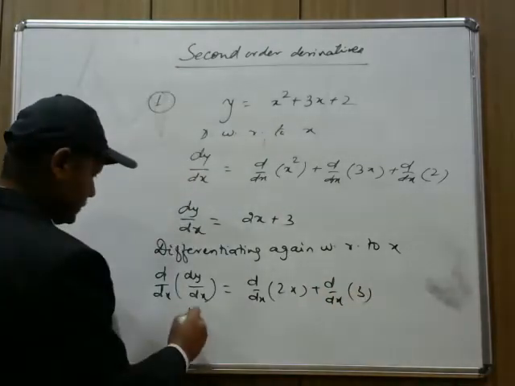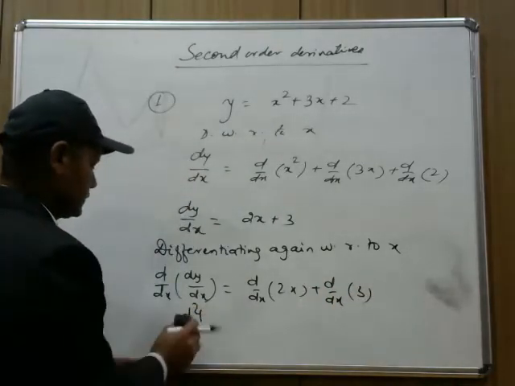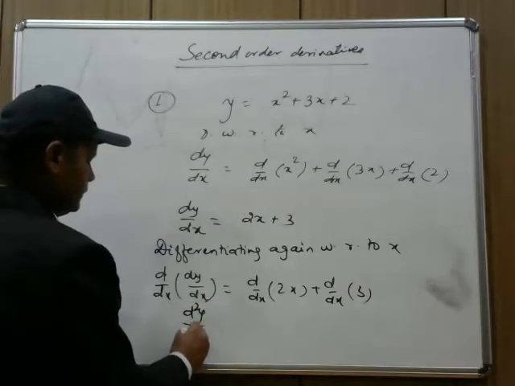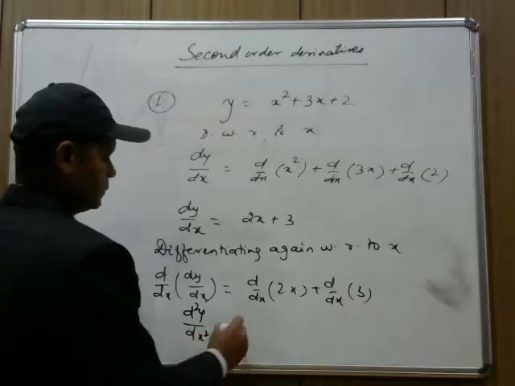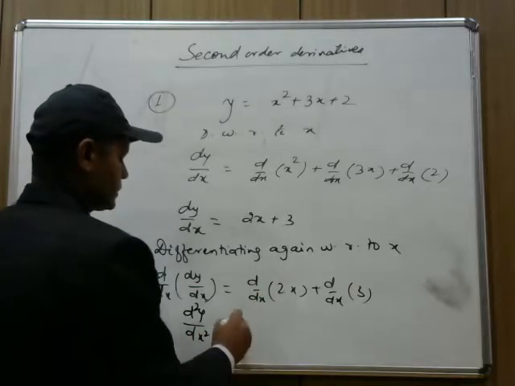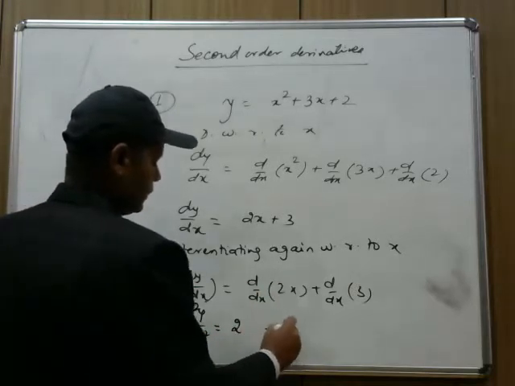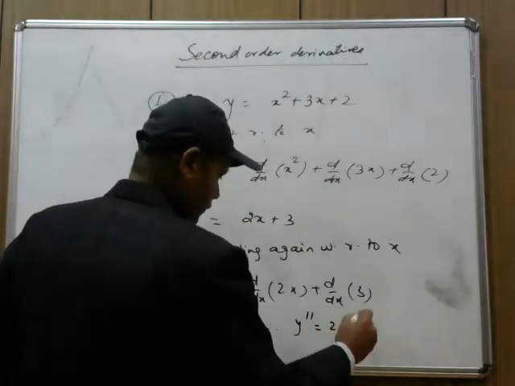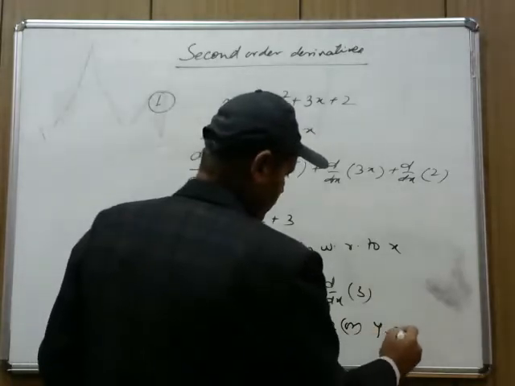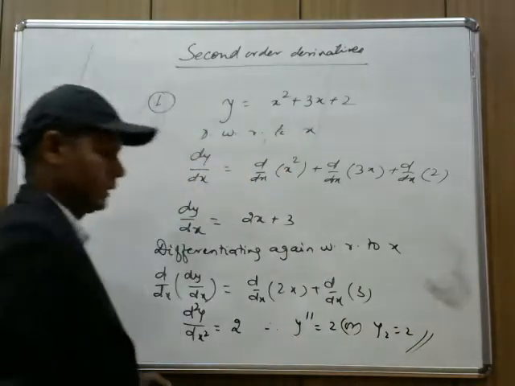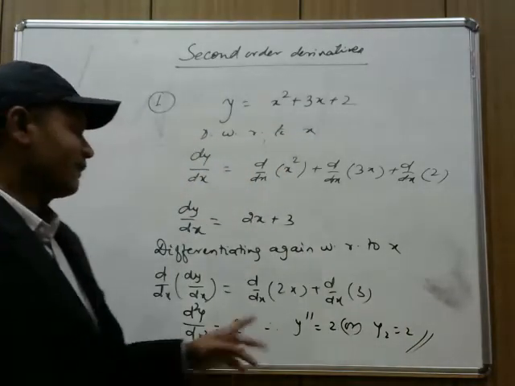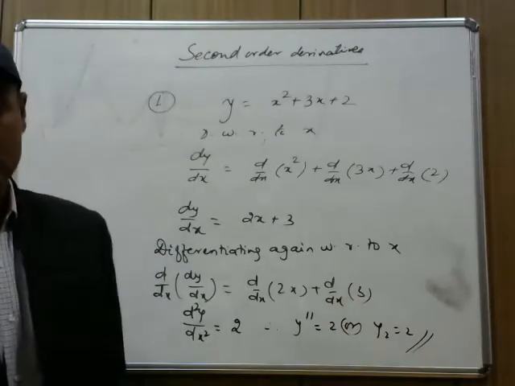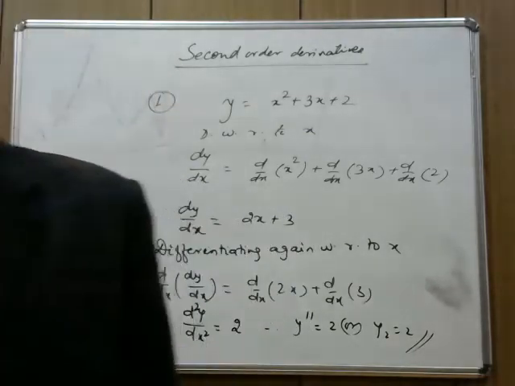This we write as d2y by dx square, which is equal to the differentiation of 2x, simply 2, plus 0. Or we can write y double dash is equal to 2, or y2 is equal to 2, whatever way you want to write, or f double dash of x is equal to 2. This is the second order derivative, right?